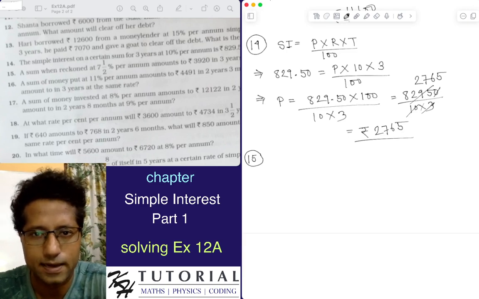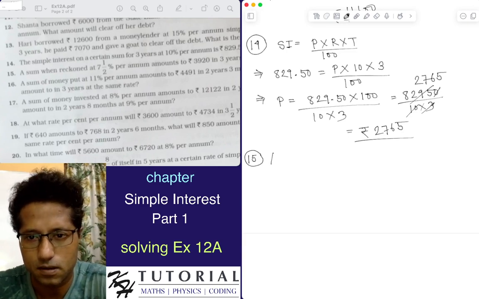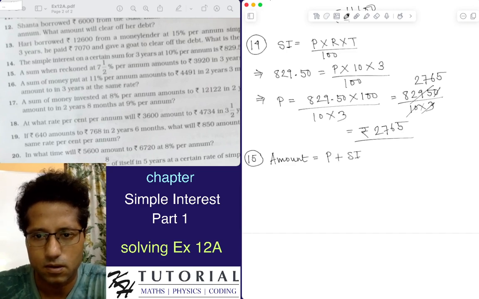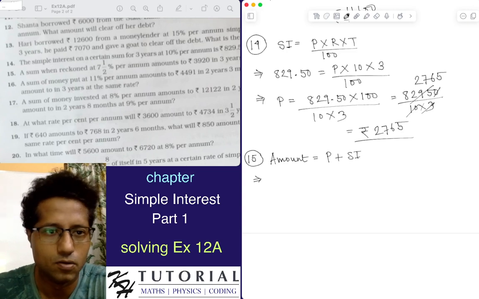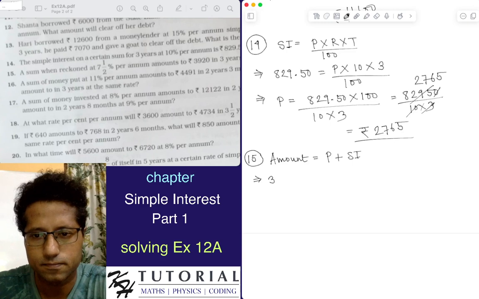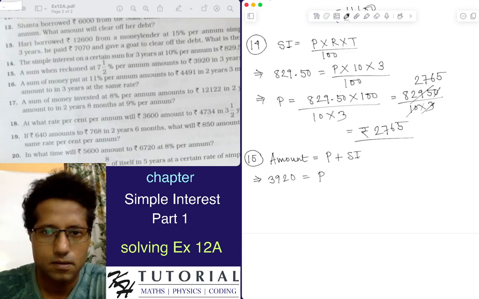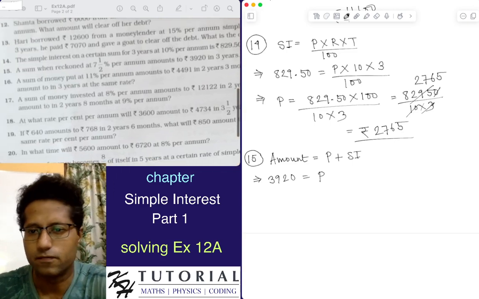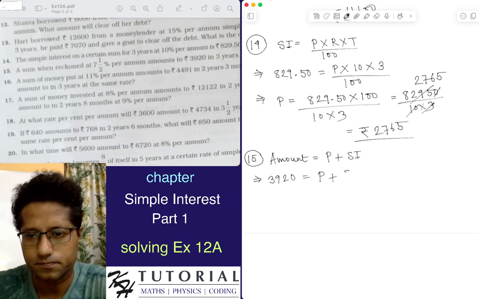So we know that the amount is equal to the principal or the sum plus SI. Now from this problem we know that the amount is 3920, equals P, the sum that we have to find, plus SI.